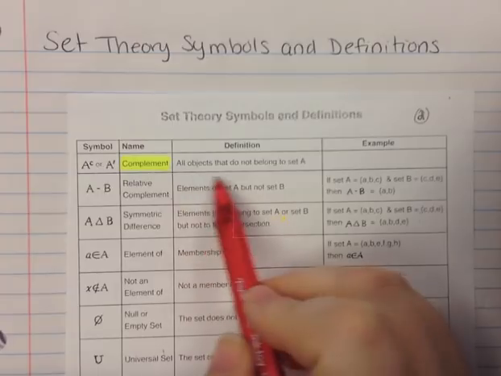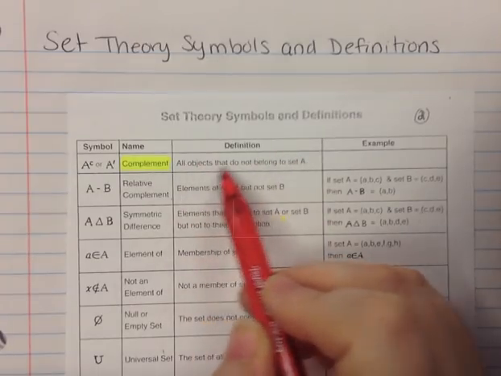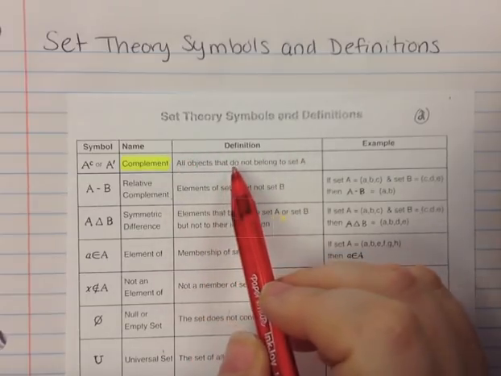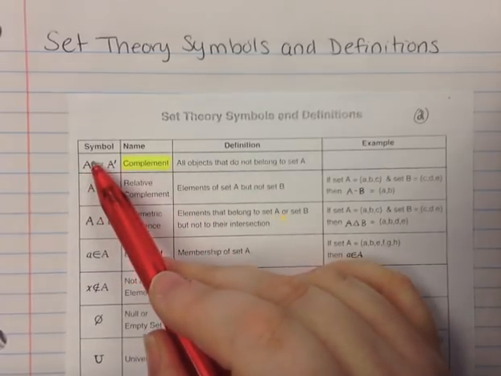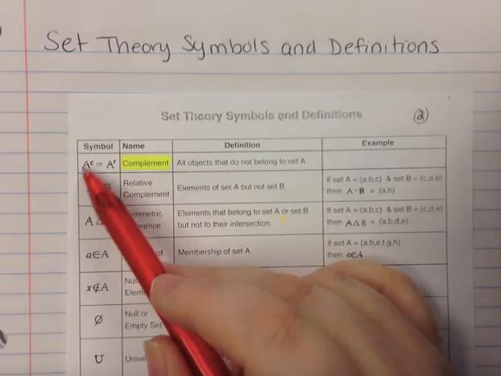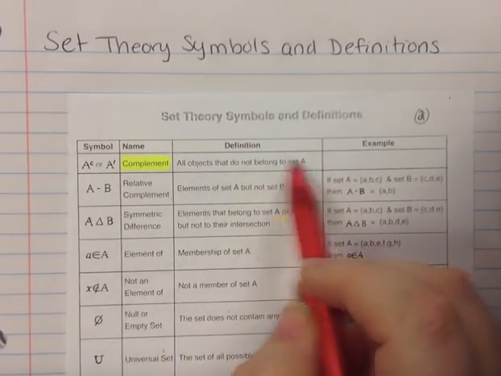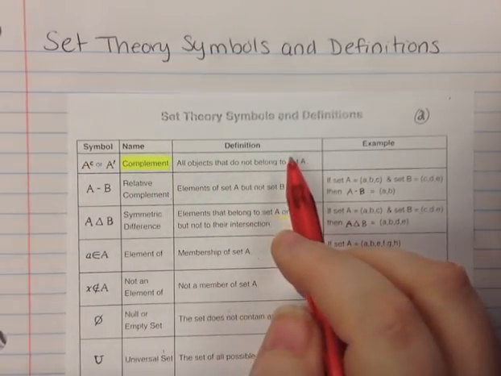This states all objects that are not in set A. So we will look at this again when we look at another set. It's anything that's not in set A. So if it says A complement, it's everything not in A. If it said F complement, it's everything not in F. So whatever the set is attached to is the set we're talking about that it's not in.